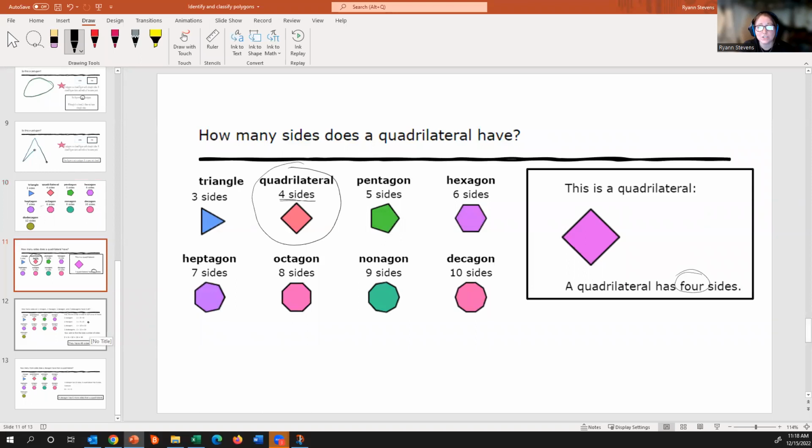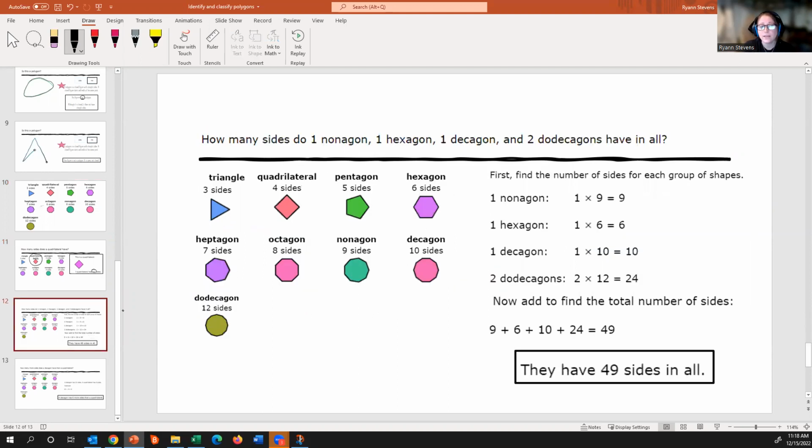If I move to the next question, sometimes they are going to ask you to set up operations, okay? And so in this case, it's important to really look at this question. It says, how many sides do 1 nonagon, 1 hexagon, 1 decagon, and 2 dodecagons have in all?